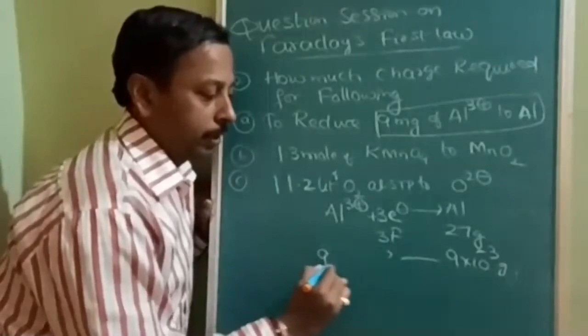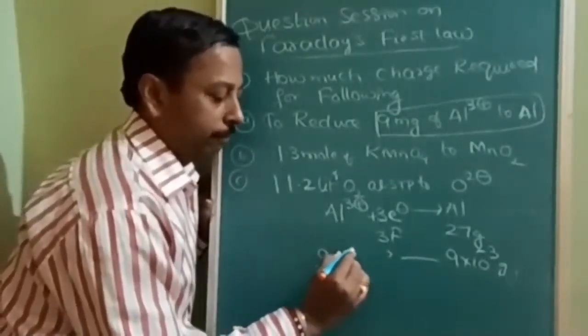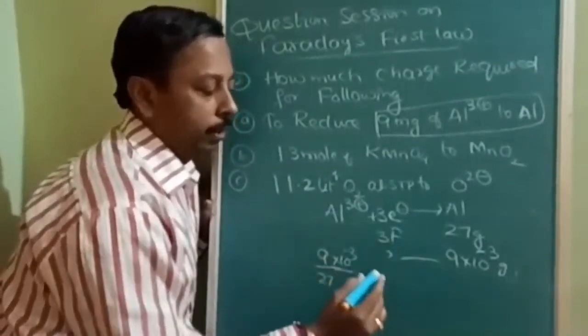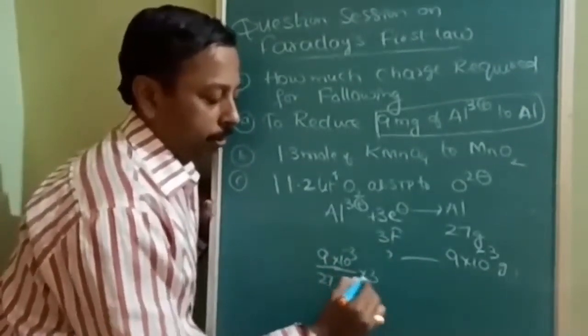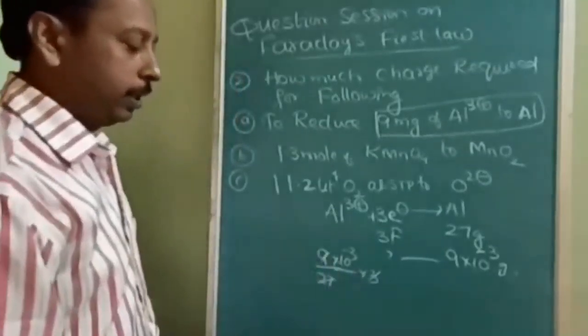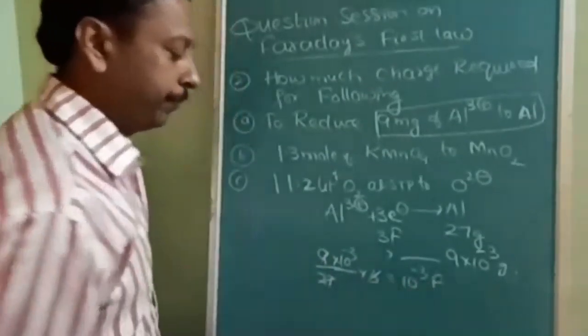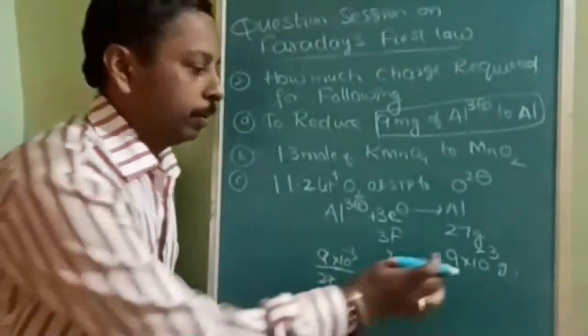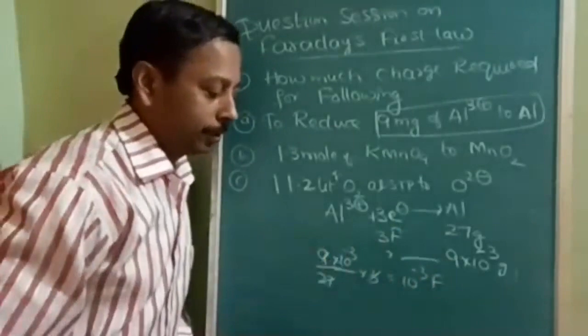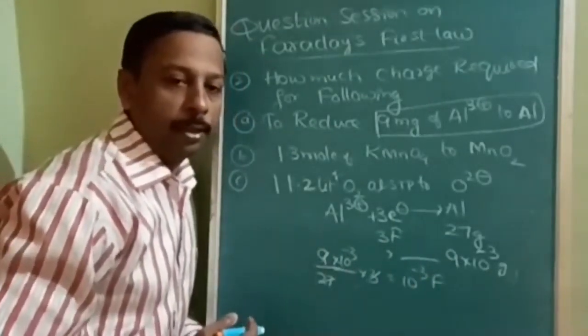So 9 into 10 to the power of minus 3 divided by 27, into 3. Okay. So this and this will get cancelled. So 10 to the power of minus 3 Faraday. Am I correct? Any problem? This upon this into this. Okay. So 10 to the power of minus 3 Faraday. See how simple it is.